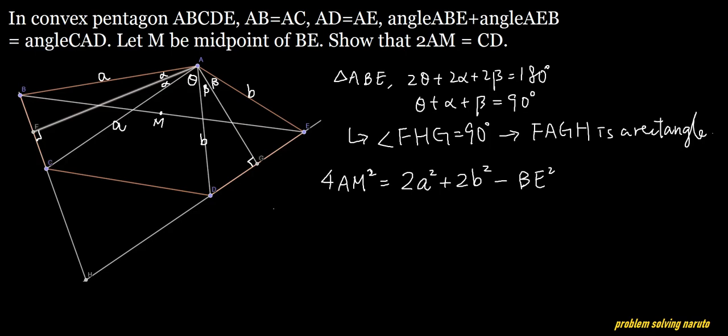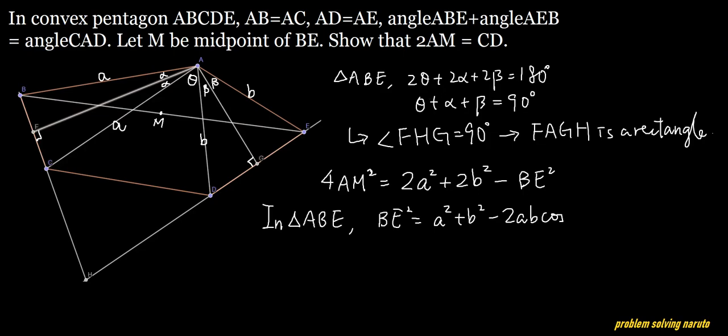So in triangle ABE, we apply the cosine law to BE, and we get BE square is A square plus B square minus 2AB cosine angle BAE, which is 180 minus theta, right?